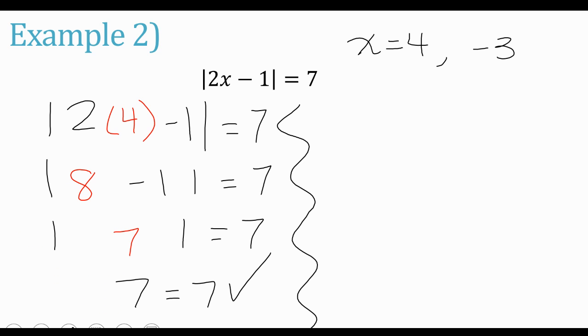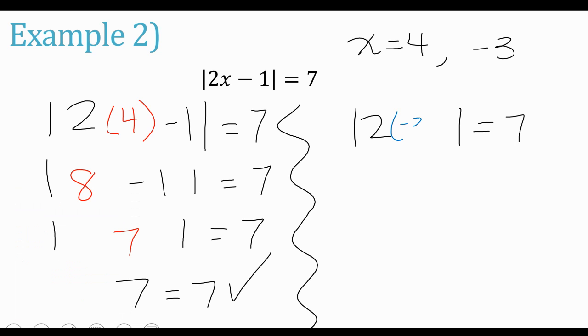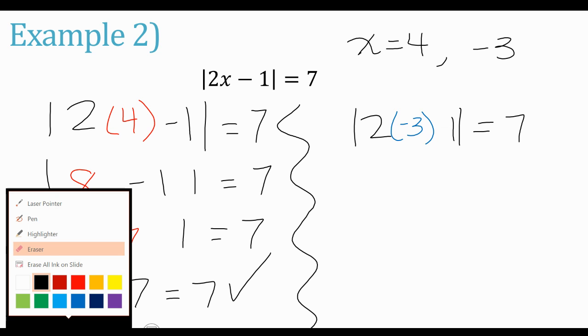So that is an answer for this absolute value equation. Let's try this again, but let's do it with negative 3 this time. So we have 2 times, instead of writing x, I'm going to write parentheses negative 3, minus 1.